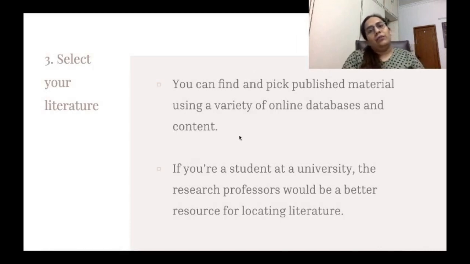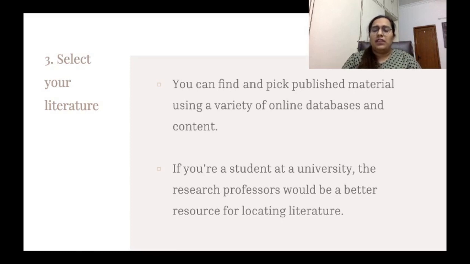How to select your topic or your literature: when I was doing my research, the published material and the databases I selected were very crucial at that time, and at this time as well. So try to use online databases.